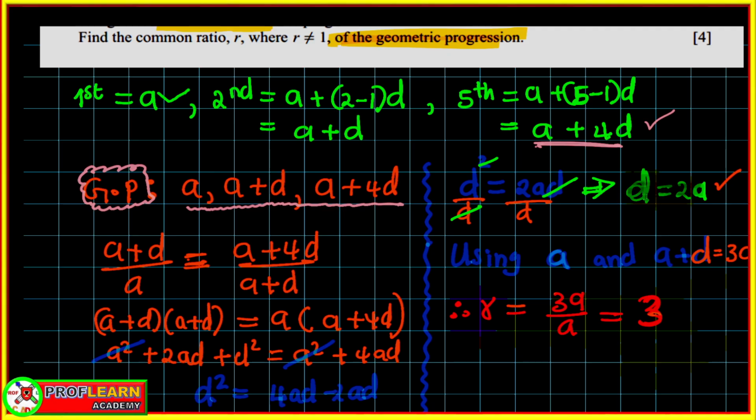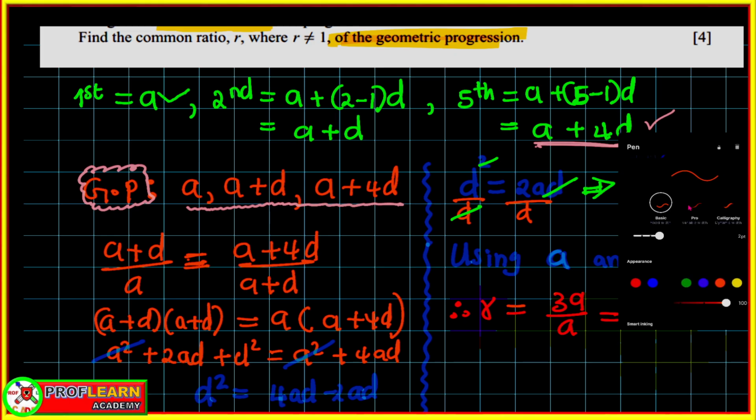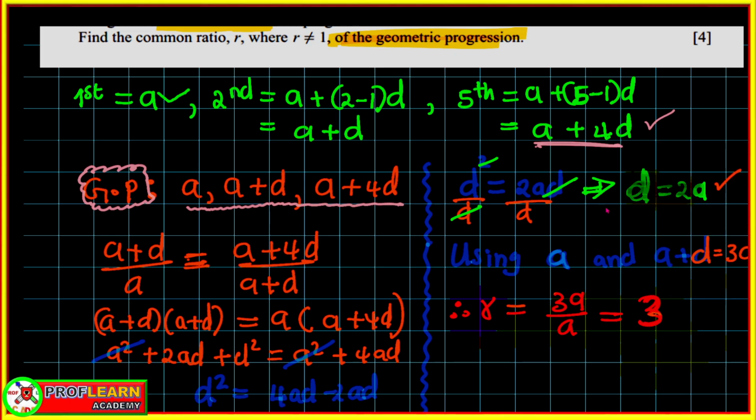So if we want to find the common ratio, we can substitute where we have d, we can substitute 2a, and that is exactly what I've done. In order to substitute, I've replaced this one here. I believe you can see that.